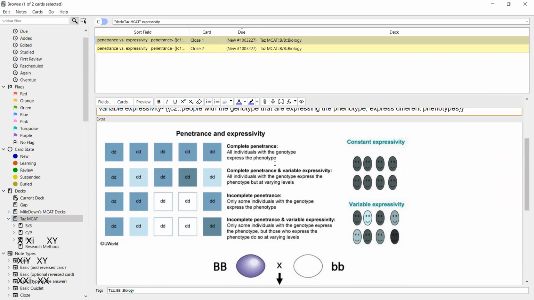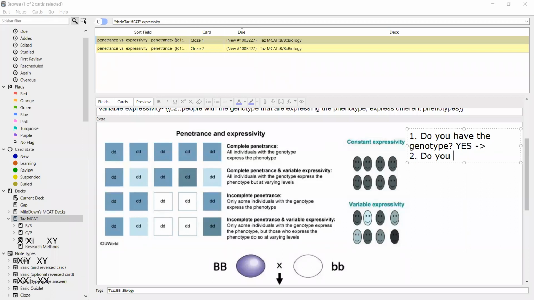Penetrance and expressivity, we only talk about if we break it down into steps. Step one, or question one: do you have the genotype? If you have the genotype, now we can start analyzing the penetrance and expressivity. So if yes, then we go to two.